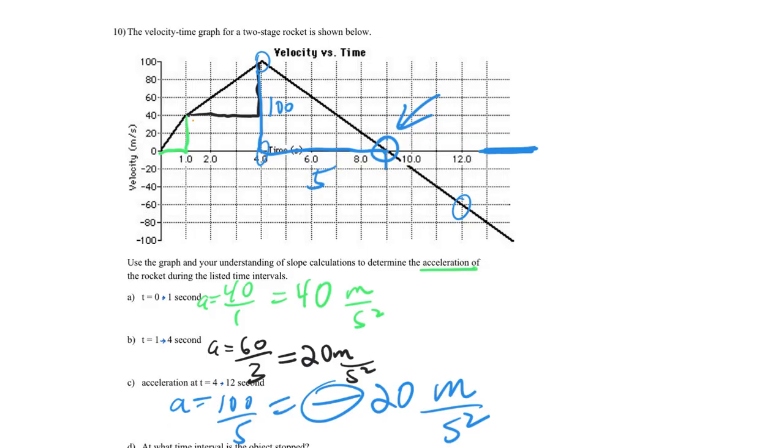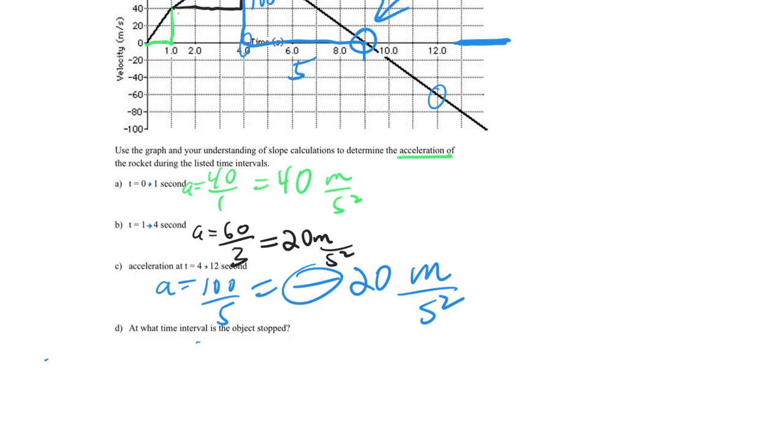He had positive velocity over here. Then he has negative velocity. So what happened is the object changed directions and had to stop for a moment. So at the 9-second mark, at 9 seconds is where he stopped, but he didn't hang out on that line very long.